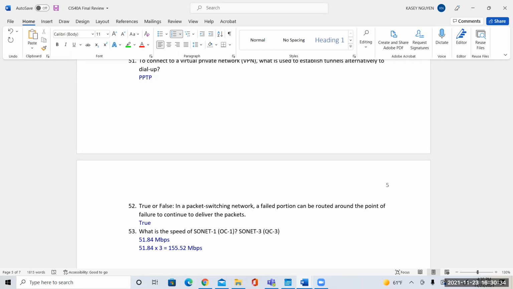And then SONET 3 or OC3, it's triple that. So whenever you see the number after OC, it's a multiplier. So that will be 3 times 51.84, which is 155.52 megabit per second. So if you see OC8 or another number, OC4, it's just a multiplier. Okay, just remember OC1 and you're good.